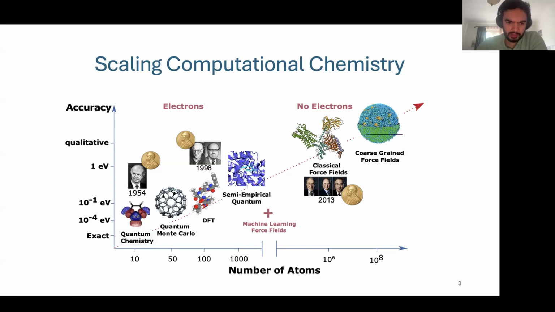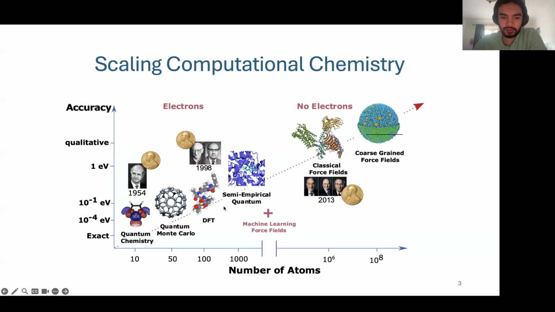In this corner you have the very accurate, close to exact quantum chemistry methods, and then on the right you go all the way to things that can simulate billions of atoms, but at accuracies that are mostly only qualitative. And there is a huge market for being able to simulate a bit more than 1,000 to 10,000 atoms, but with accuracy that is close to DFT, which is the gold standard for doing ab initio simulations now.